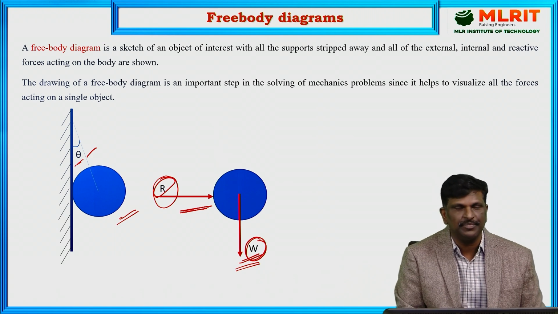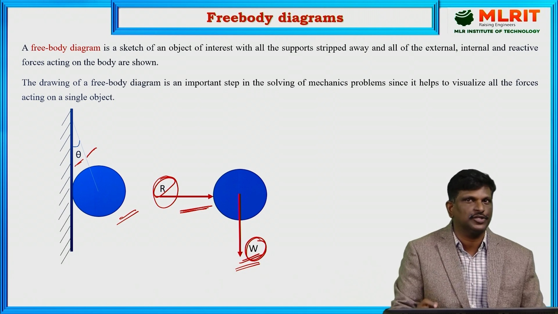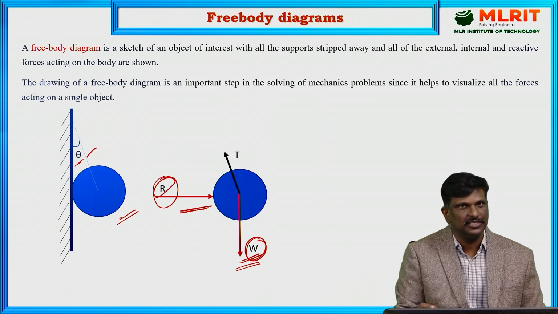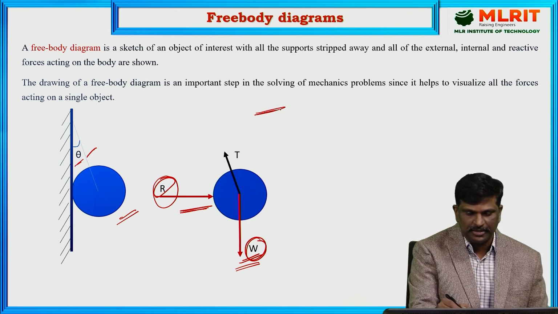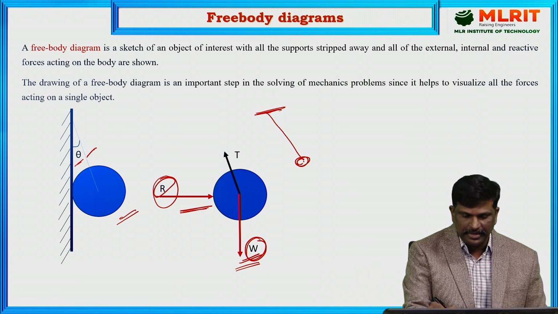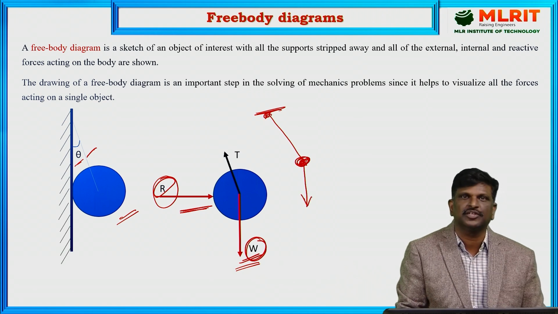That means the string is holding the body in the upward direction, so there will be tension in the string. The string is connected to the wall and it is carrying some weight here. So the string will be under tension.